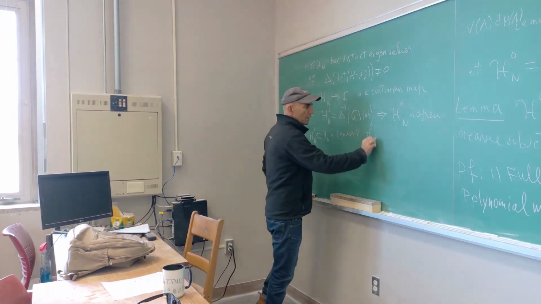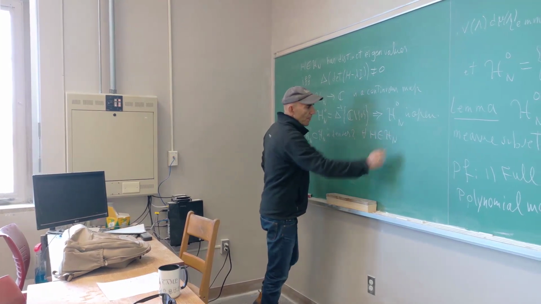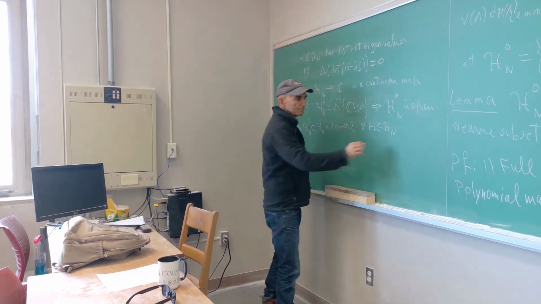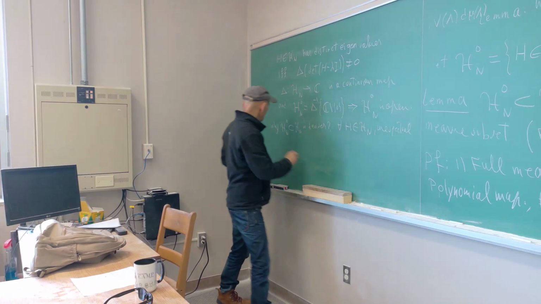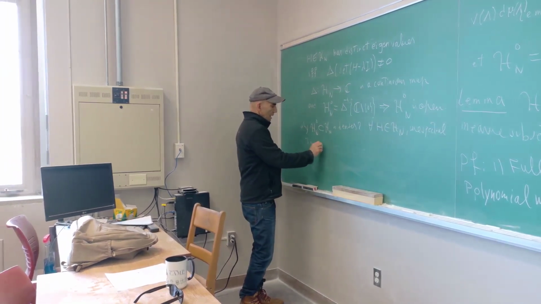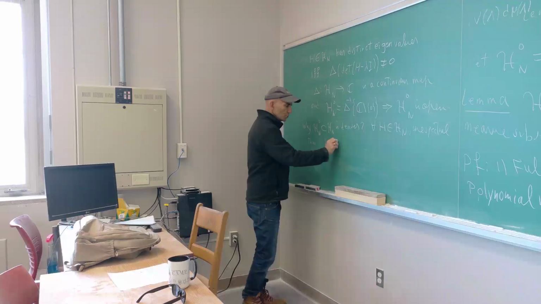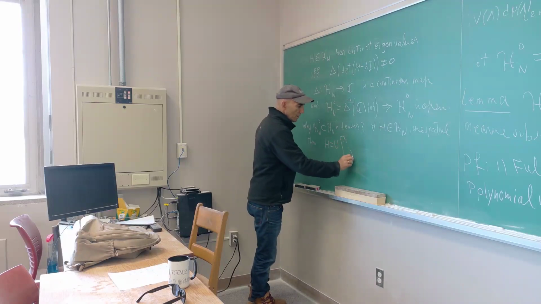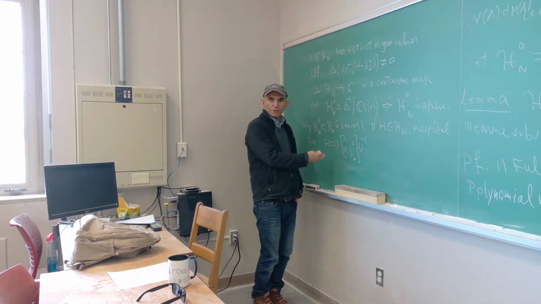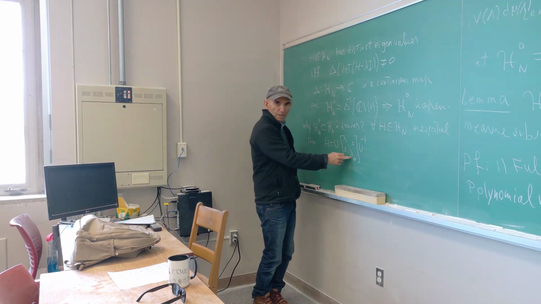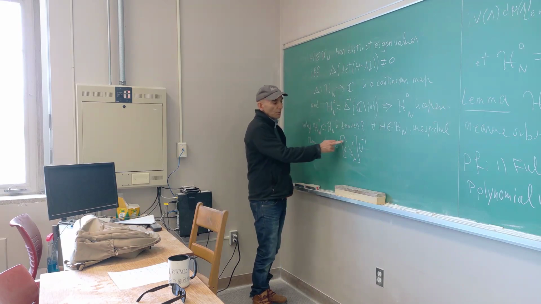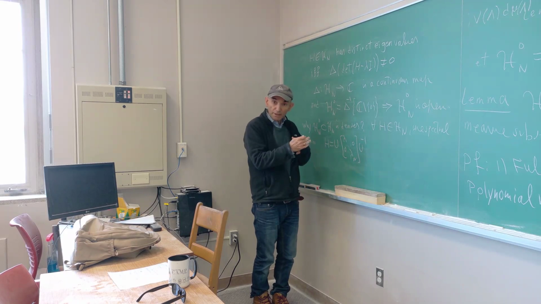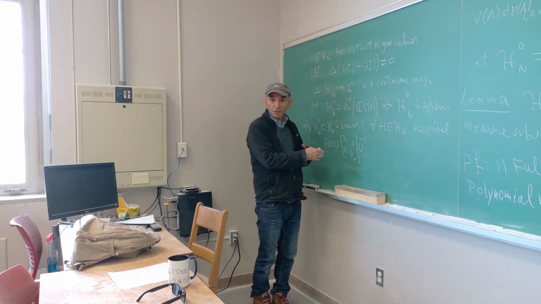So for any H belonging to Hn, we can use the spectral theorem, and then we write H as U times the diagonal matrix of lambda 1 through lambda n times U inverse, for some unitary U and some eigenvalues lambda 1 through lambda n of H, right? Now, some of these may be coinciding. There may be repeated eigenvalues.